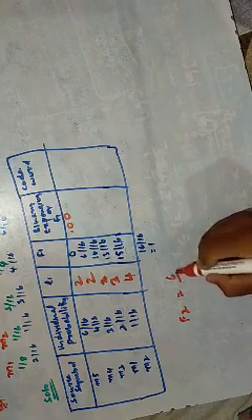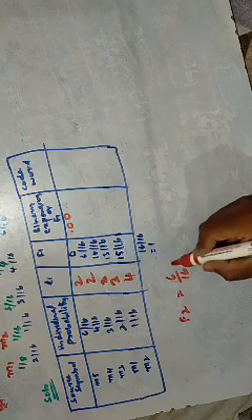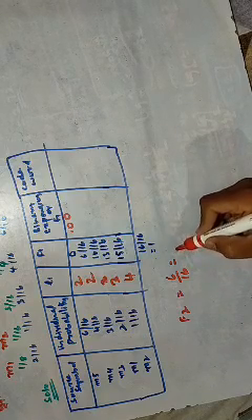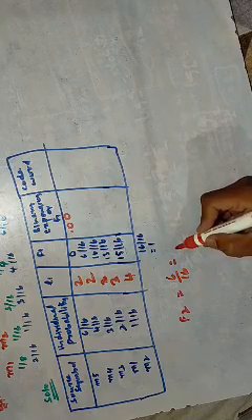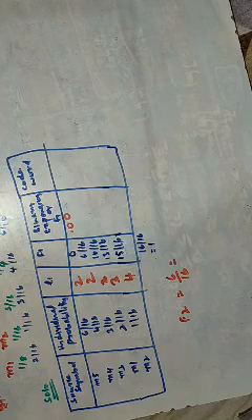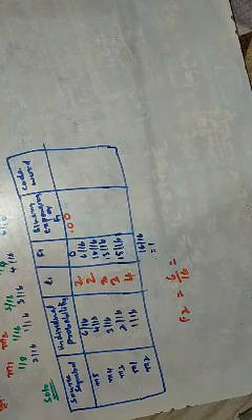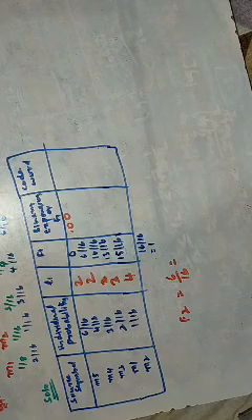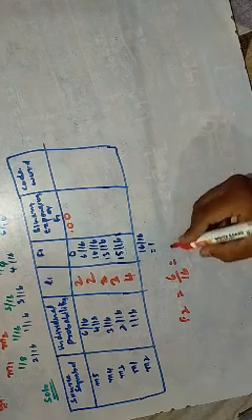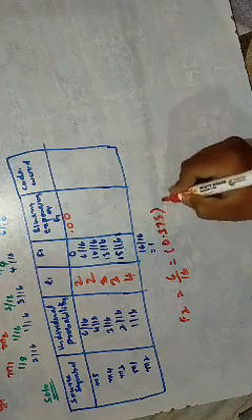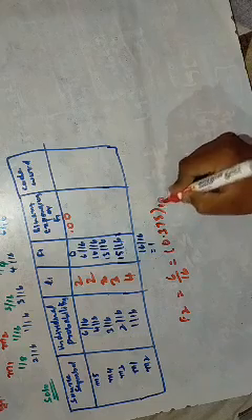F2 is 6 by 16. By solving this, we get 0.375.